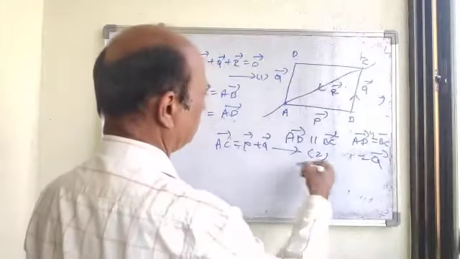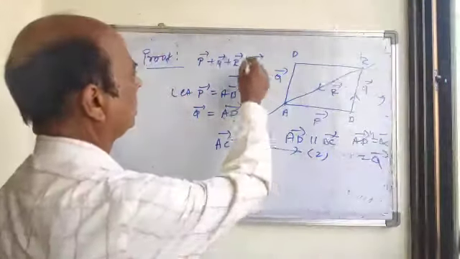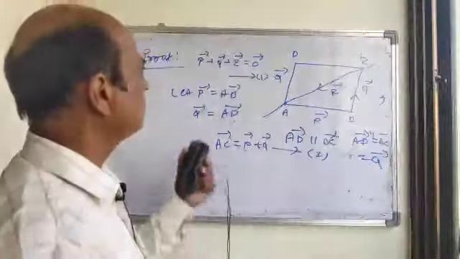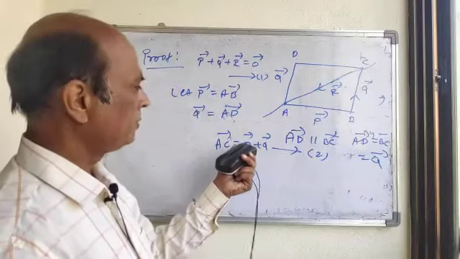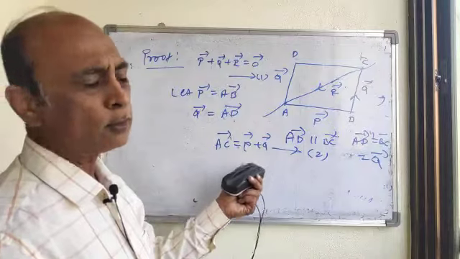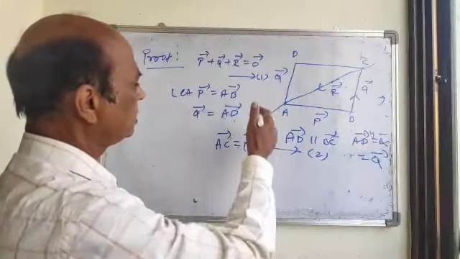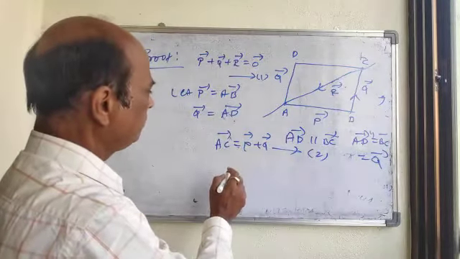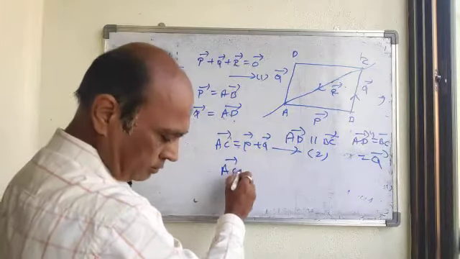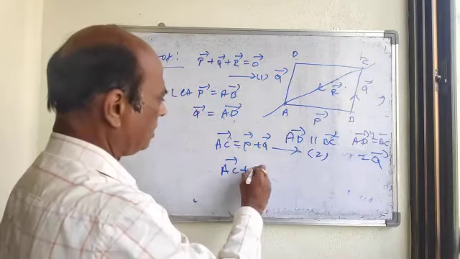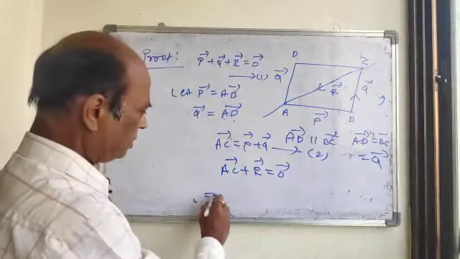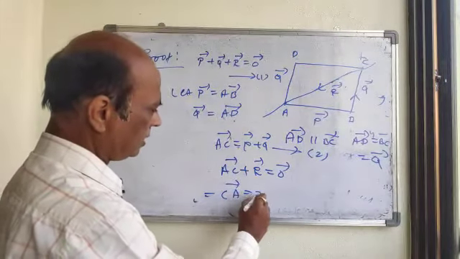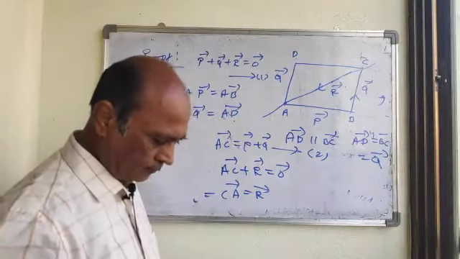So this is our equation number 2, and this is our equation number 1, that is P bar plus Q bar plus R bar is equal to 0 bar, and AC bar is equal to P bar plus Q bar. So by combining these two equations, we may write AC bar plus R bar is equal to 0 bar, which implies that CA bar is equal to R bar.